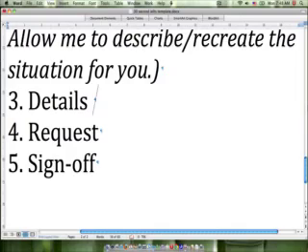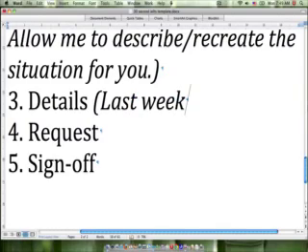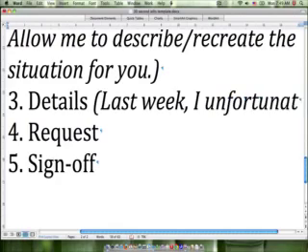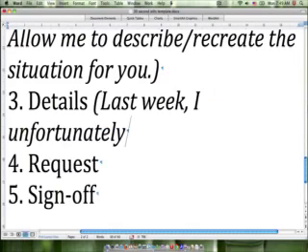So, now this, we would probably start with time. So if we were talking about a situation we had, we might say, last week, if it's something bad that happened, I unfortunately, and then whatever.